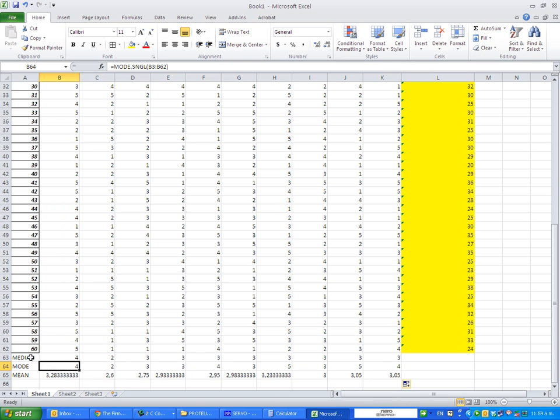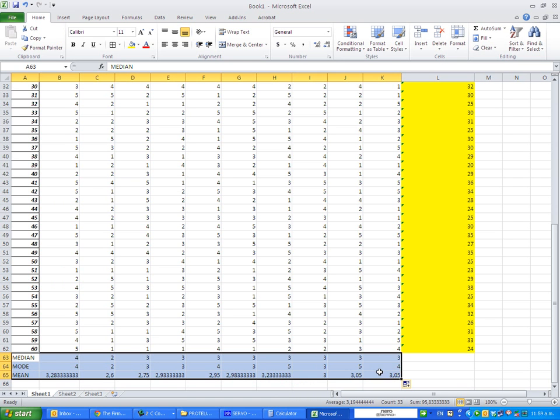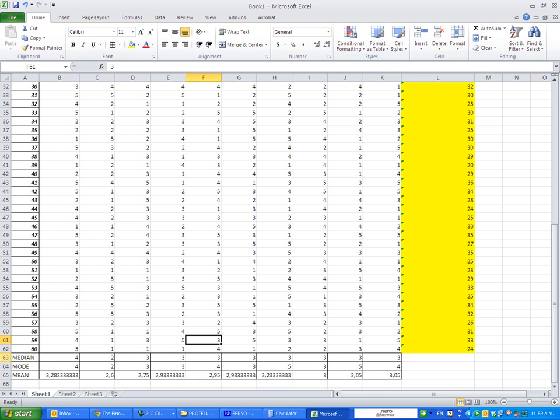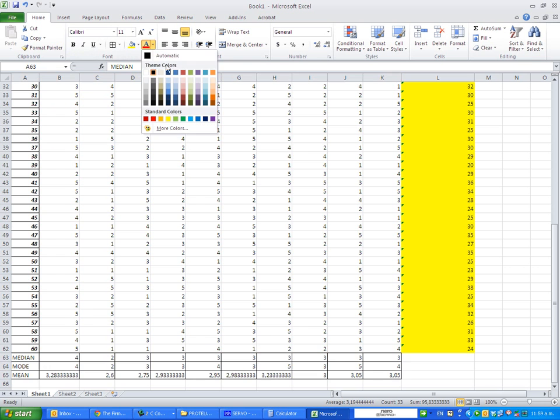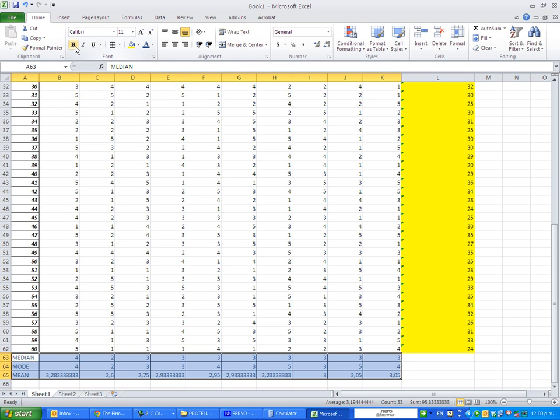You want to make this visible so you understand that it's different from the data that we collected. So I'm just going to give it maybe another color and make it a little bit bigger. Okay, so here we go.